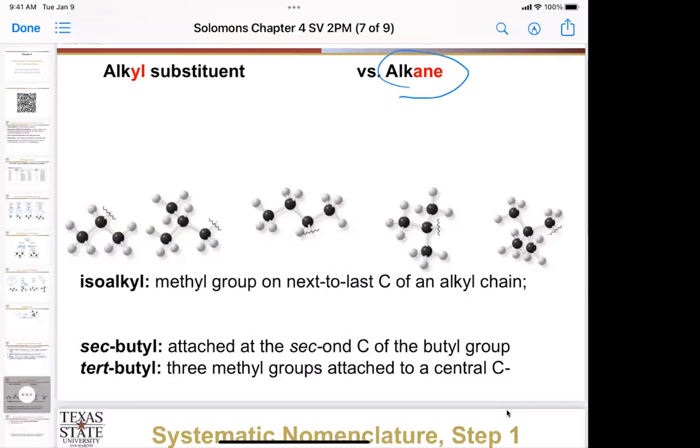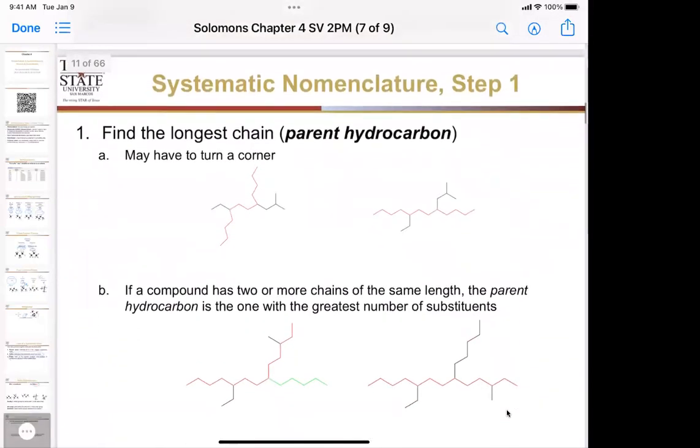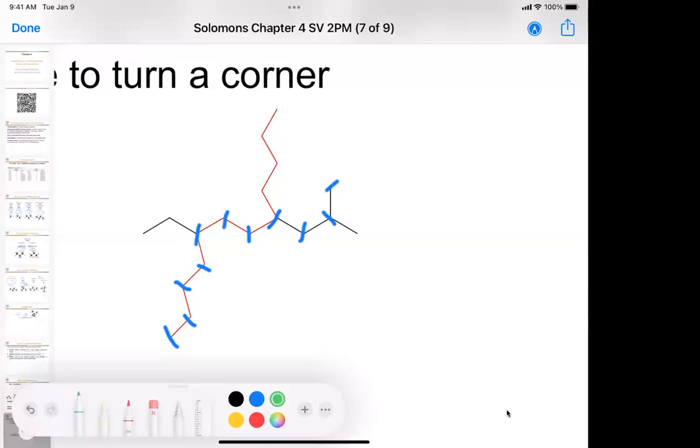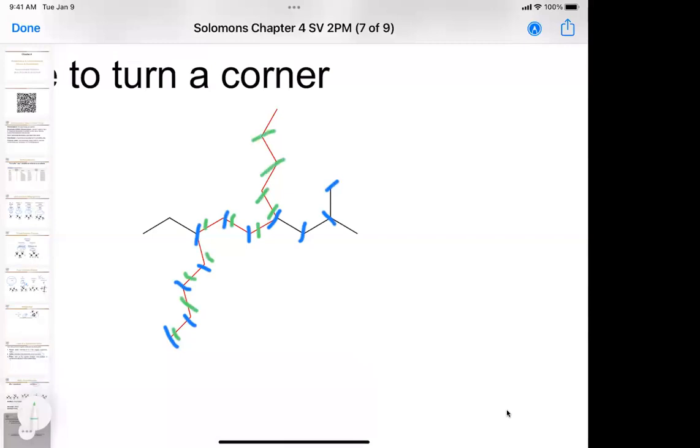So how do we find our longest chain? Well, let's look at this one right here. If we did, let's see, this is 1, 2, 3, 4, 5, 6, 7, 8, 9, 10, 11 carbons that I can get that way. 1, 2, 3, 4, 5, 6, 7, 8, 9, 10, 11, 12 carbons that way.